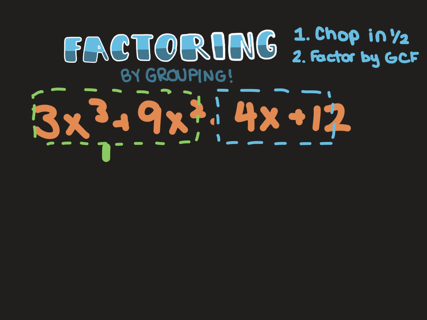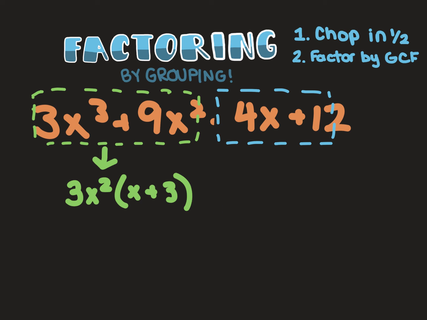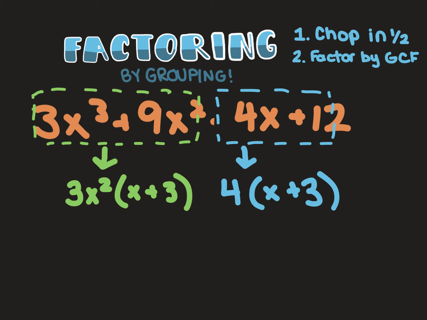So 3x cubed plus 9x squared is going to turn into 3x squared times (x plus 3). And then 4x plus 12 will turn into 4 times (x plus 3). So when we add these two back together to create the entire expression again, you might notice that we have another common factor here, right?